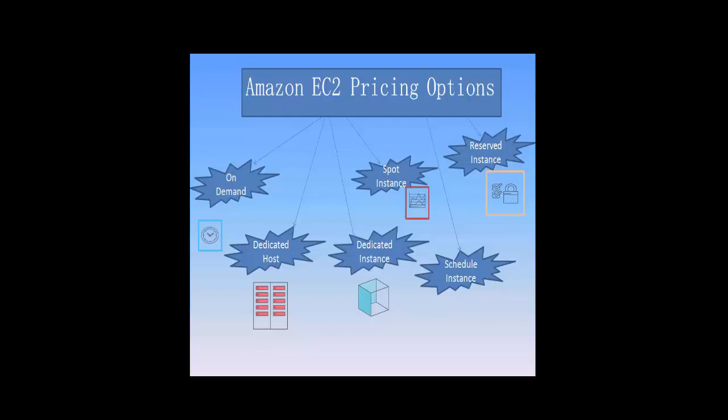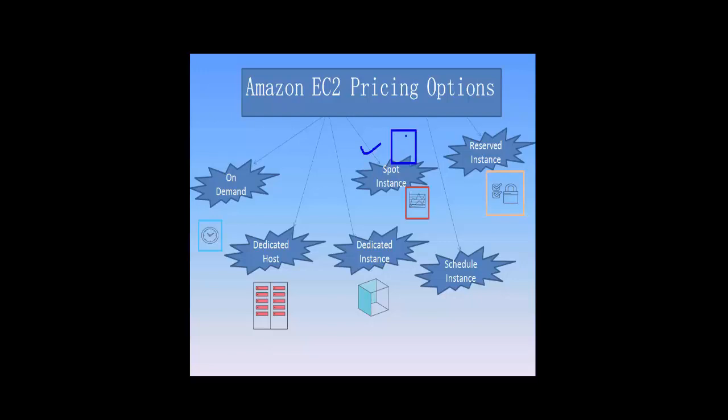Next, after on demand is clear, is the spot instance. Spot instance means AWS has free resources and wants to utilize them, like a free room in a hotel.